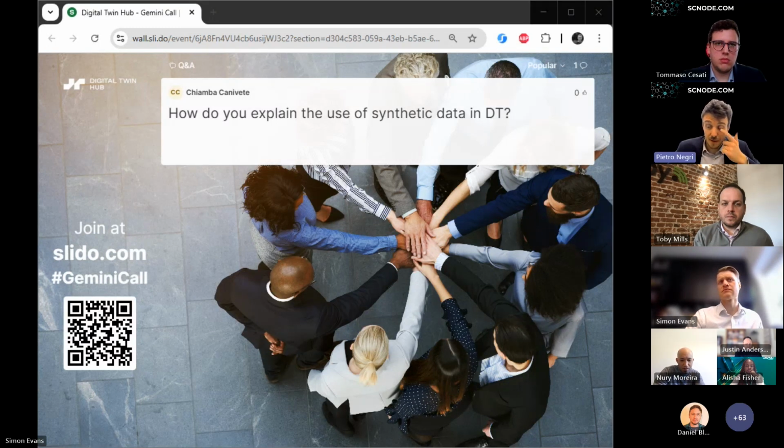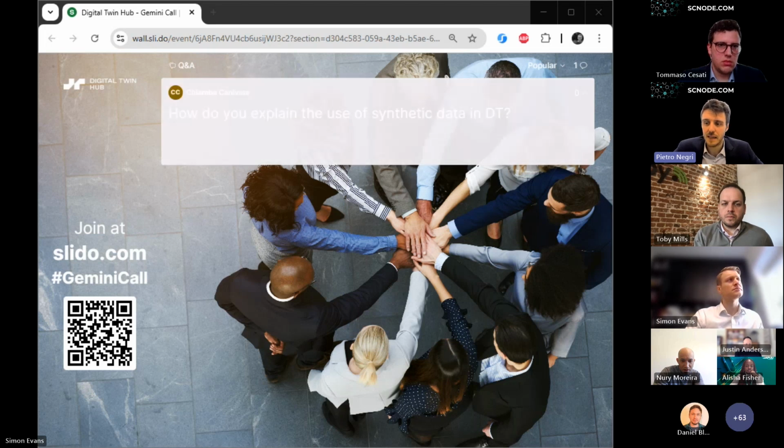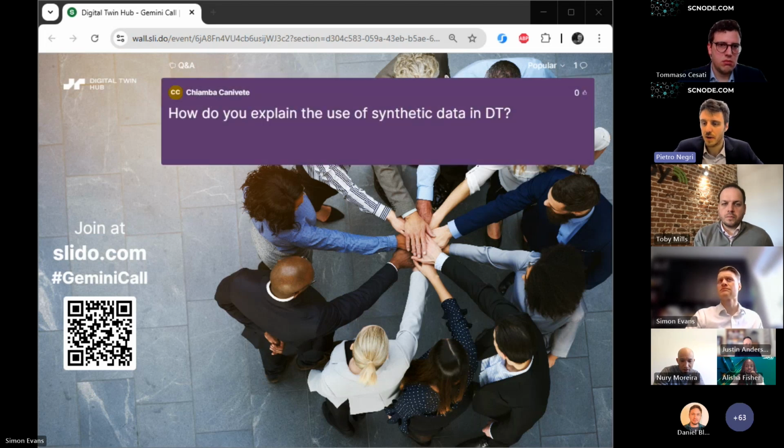First of all, we should give a definition for synthetic data, because put this way it's too general. What we can say is that the digital twin should use both aggregated data, which we can call synthetic if we want, and data coming from near real-time processing and collection from, for example, the operational field, machines, inventory, and so on. By mixing them, you get to the final capability of planning your activities.